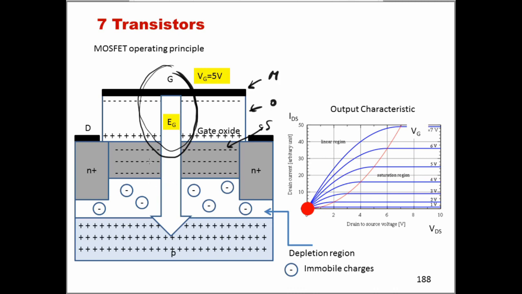And in this situation, these minority carriers should distribute, qualitatively, in the way that I've shown here, and should create a flat region between the source and the drain, and so effectively bridging the drain region and the source region that are also n-type.